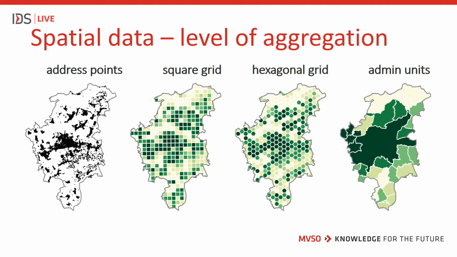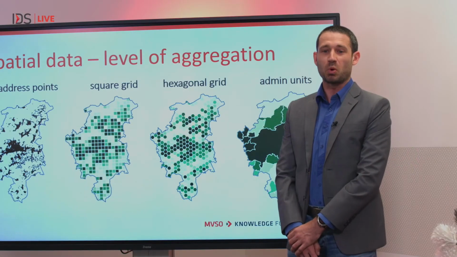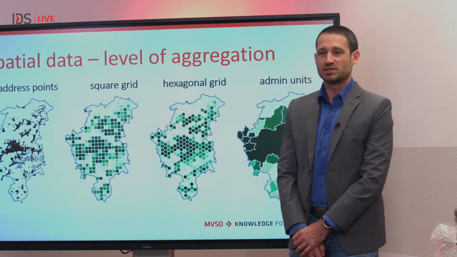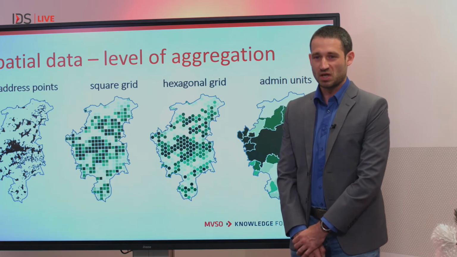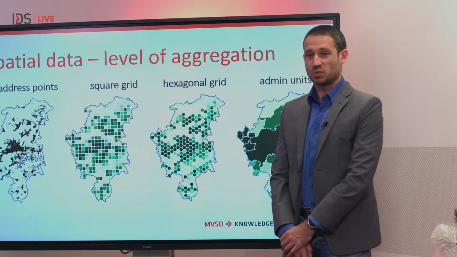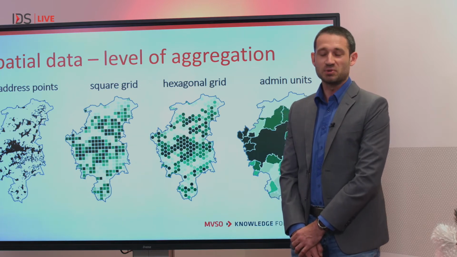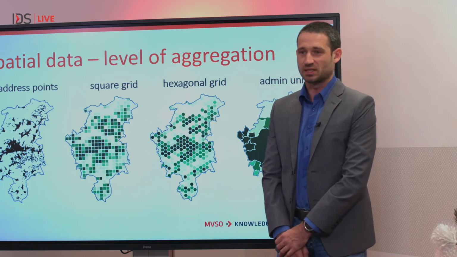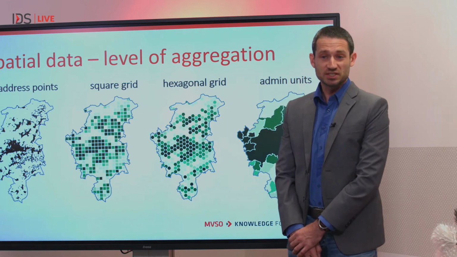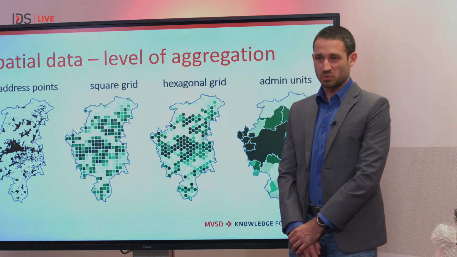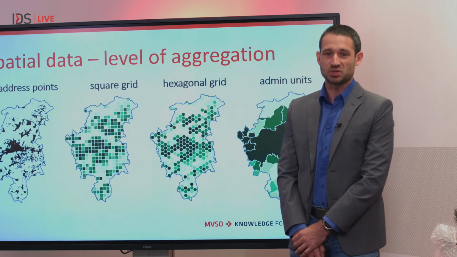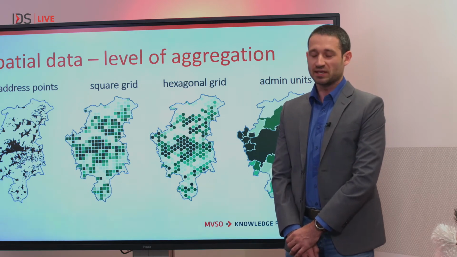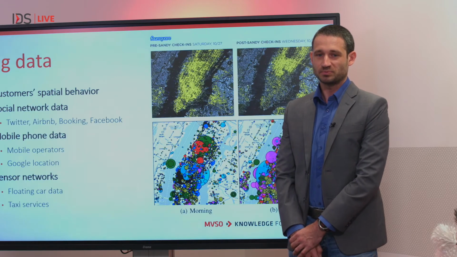All of the data are collected as points, but later they are aggregated into different polygons. The most common approach is the last one, administrative units, like municipalities and regions. But for geomarketing purposes, we need much more detailed data, like aggregation into squares, into hexagons, into smaller regions.